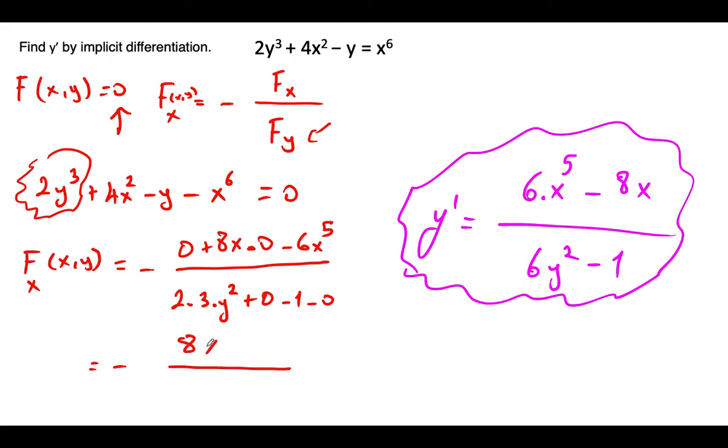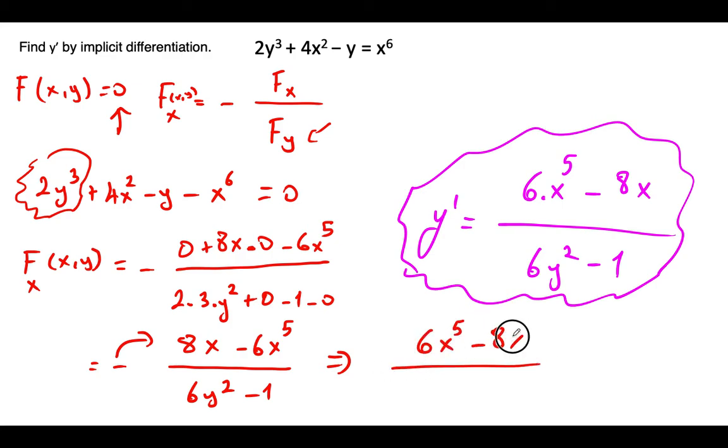Numerator will be 8x minus 6x to 5 divided by 6y squared minus 1. So if I remove this minus to the other side, it will be 6x to 5 minus 8x divided by 6y squared minus 1. As you've seen, these are the same. So this is the classical way, and this is the formula.